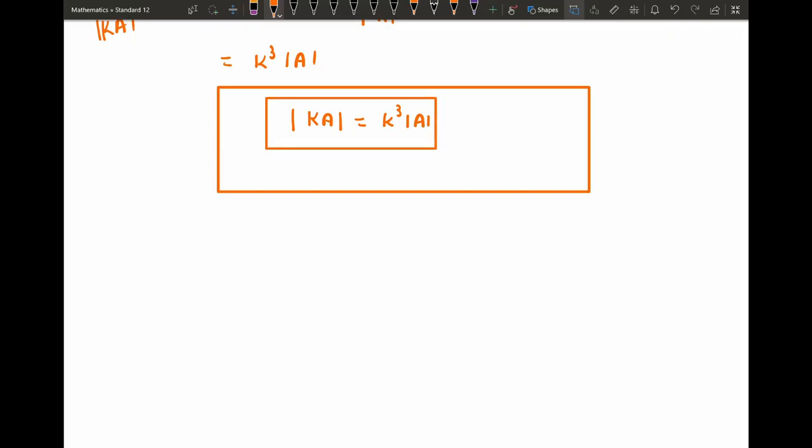If you take a 2 by 2 square matrix A, then outside there will be K square. For 3 by 3, K cube. For 4 by 4, K raised to 4, because in a 4 by 4 matrix there are 4 rows, so if you take K common 4 times, outside there will be K raised to 4. Similarly you can interpret it for a 5 by 5 matrix, 6 by 6 matrix and so on. So next time we will discuss more properties.